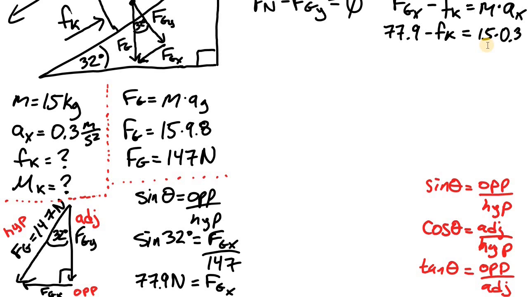So what's 15 times 0.3? And now we just have to continue to isolate the FK. We have a positive 77.9. So how do we get rid of a positive 77.9?